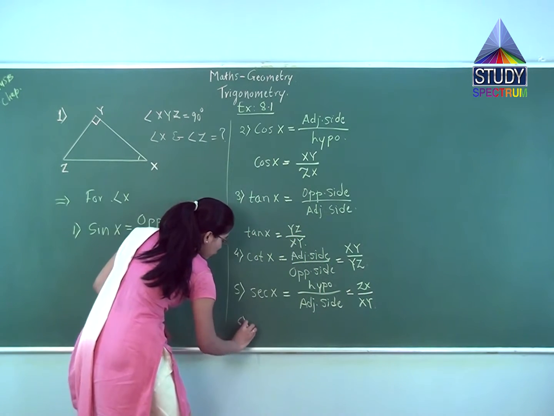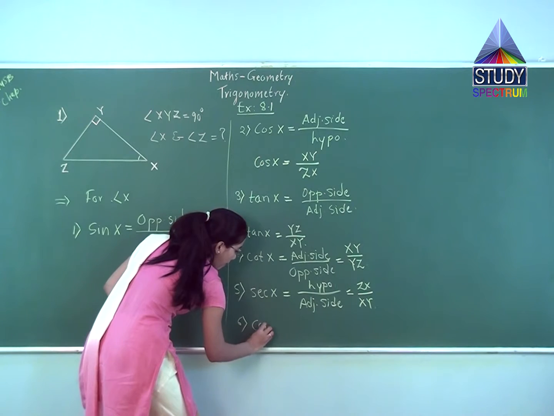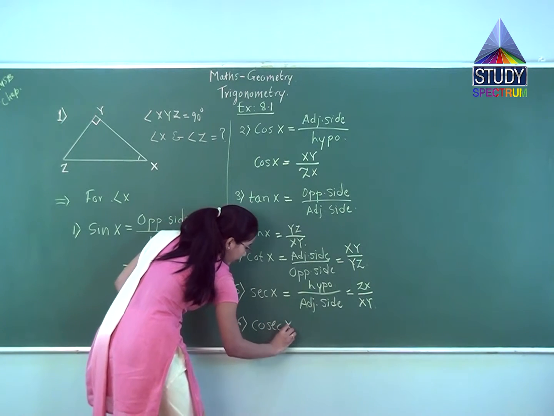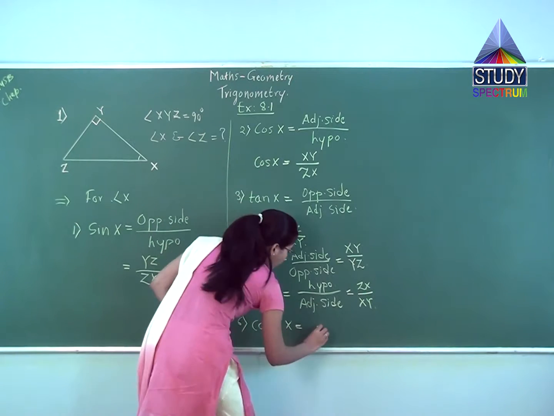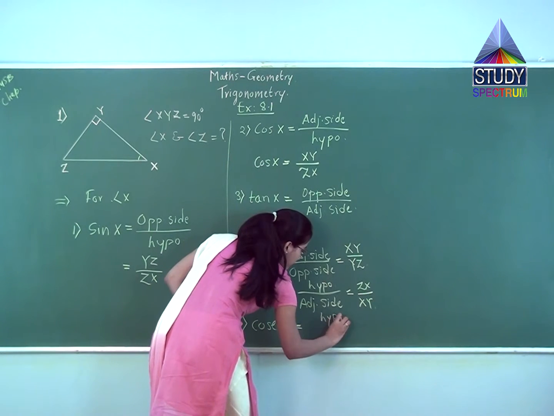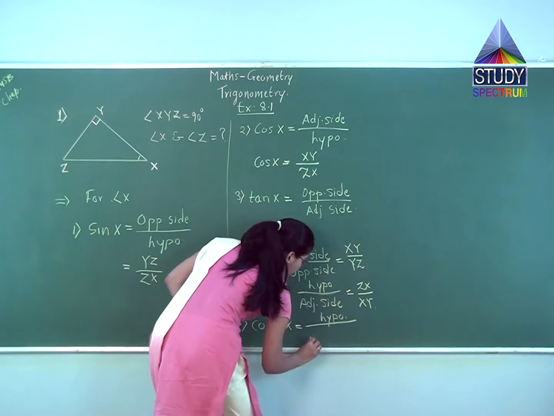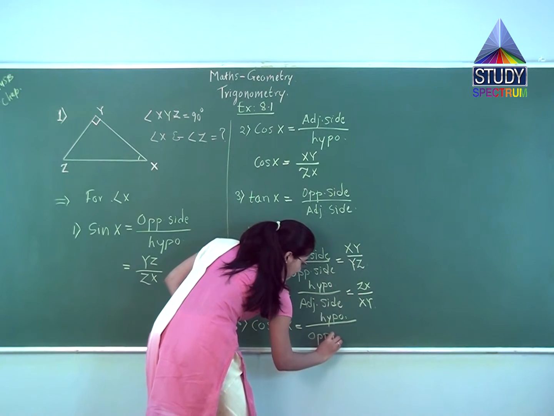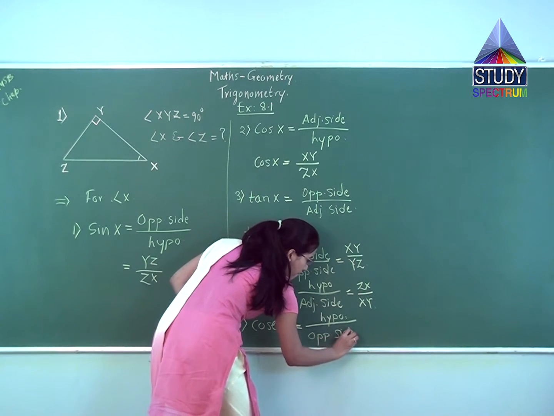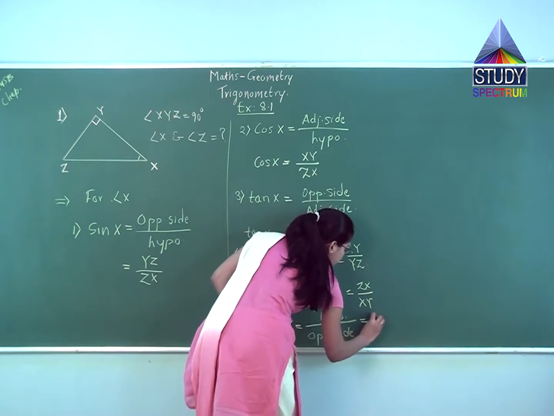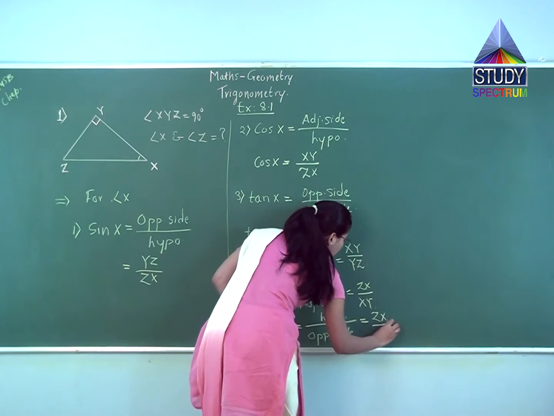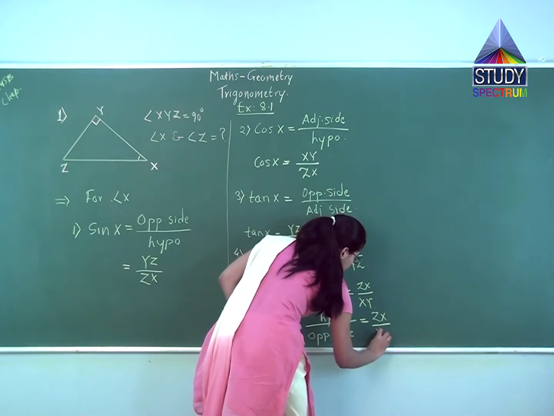The last trigonometric ratio for angle X will be cosec X. Again cosec is opposite of sine. So the formula is hypotenuse upon opposite side. So it will be ZX upon YZ.